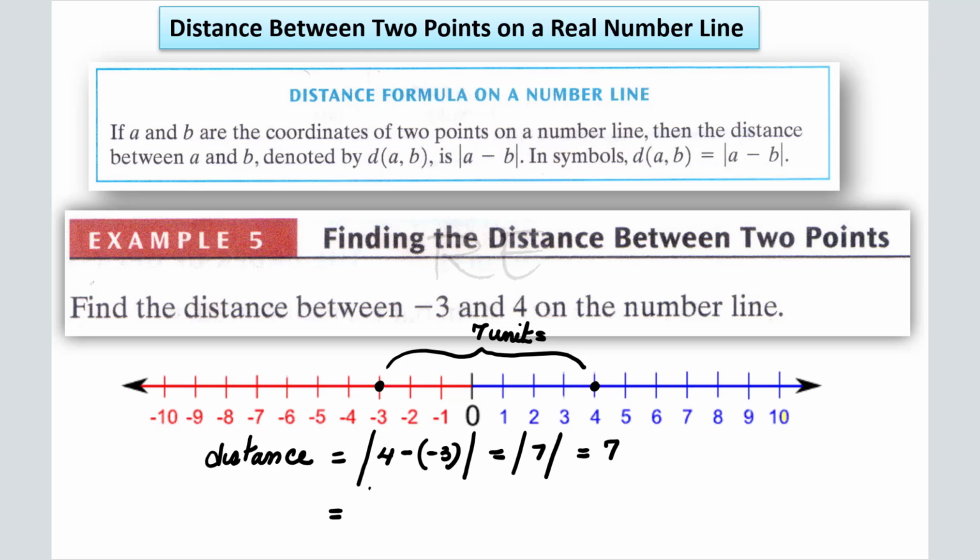Notice that if we start with negative 3 and we say it's the absolute value of negative 3 minus 4, we will get the absolute value of negative 7, which is minus negative 7, which is 7. The same answer.